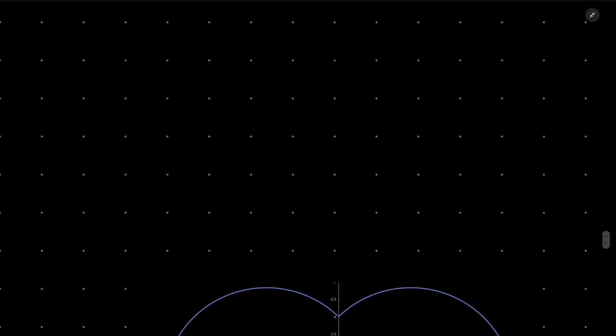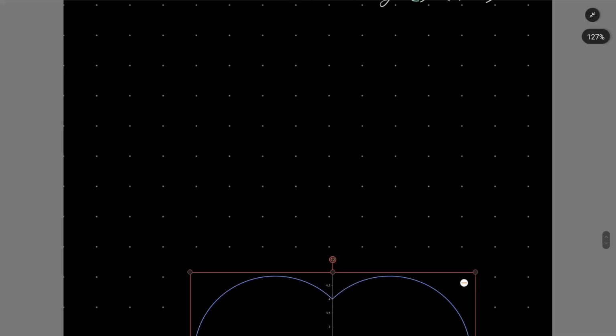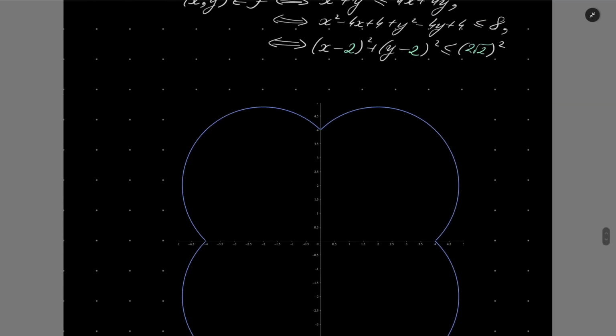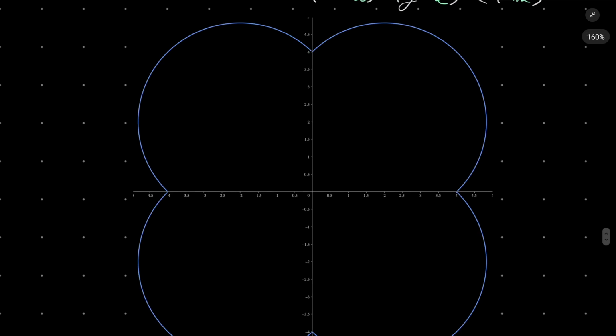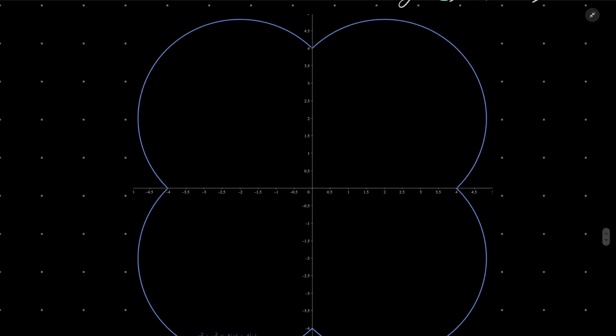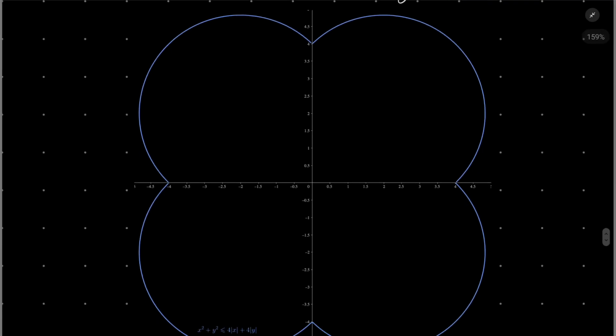And now I have prepared in advance a nice drawing, because I'm not that good at drawing circles. So, for example, here's our entire figure, which has 4 congruent arcs of a circle. We are talking about our first circle, about this one. So we wish to find the area of this set.